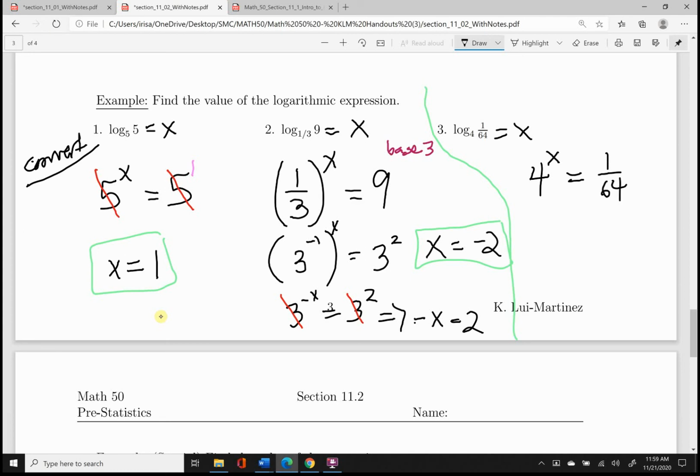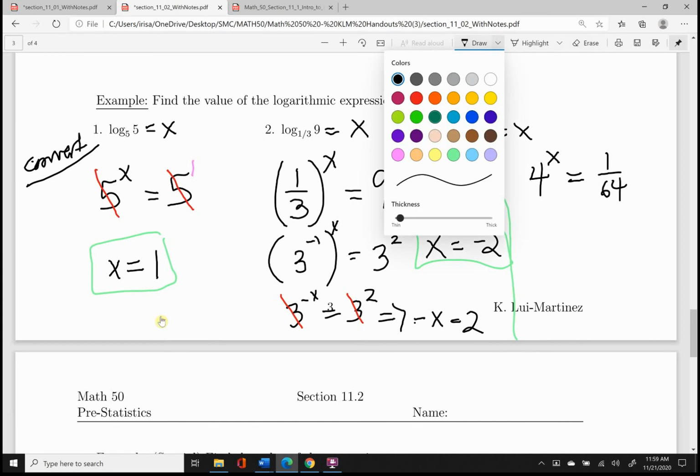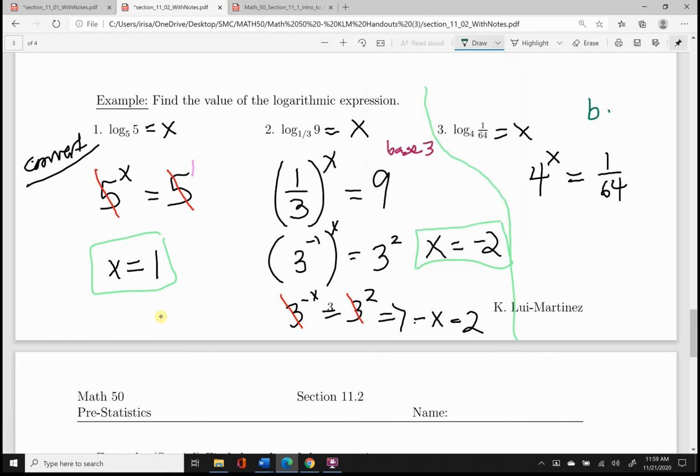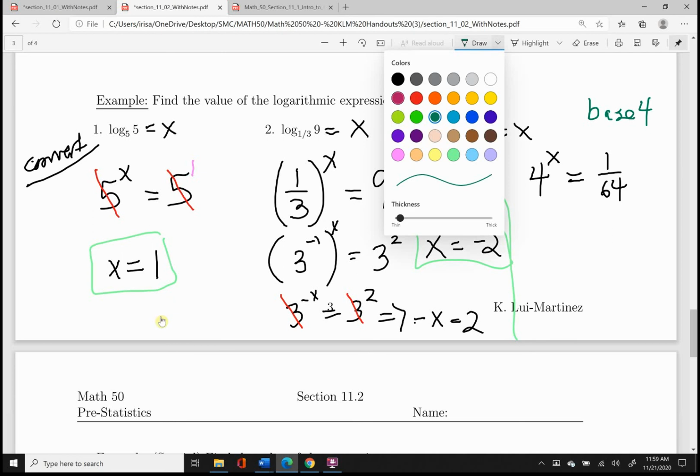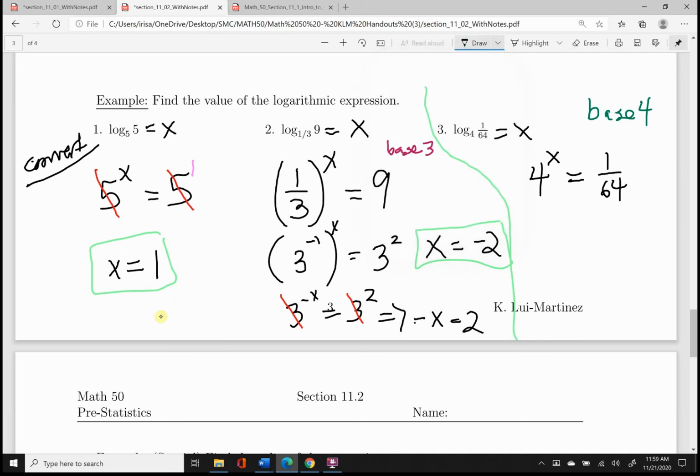Yep, so this can be rewritten base 4. Do base 4 for this one. You could also rewrite it base 2, but why, you know? Always pick the largest common base that's possible.